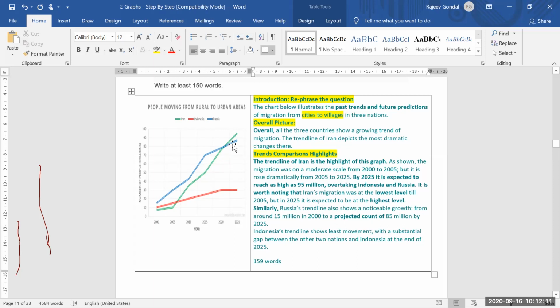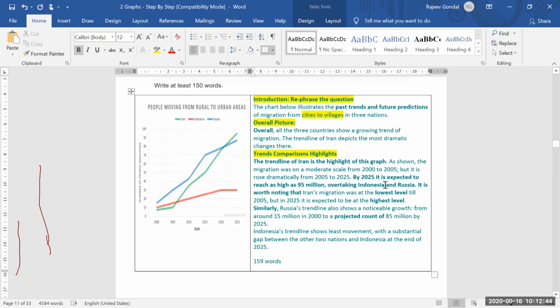In the next line, we can talk about the future projections. We can tell that 2025 is yet to reach. But here we are using it in the same sentence just to showcase that the line rose from this to this. So it's about the trend line, not the actual movement. By 2025, it is expected to reach as high as 95 million, overtaking Indonesia and Russia.